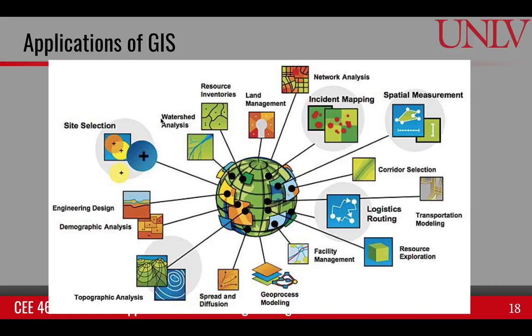Let's look at watershed analysis. So if we are trying to manage a watershed, then GIS can help us, first of all, in inventorying everything that exists in the watershed. And in the watershed analysis, we might be interested in reducing erosion in the watershed, which is eventually, let's say, impacting sedimentation at a downstream dam.